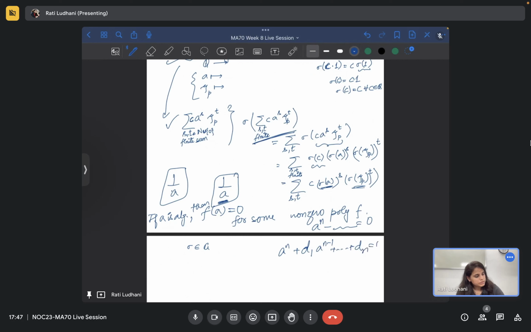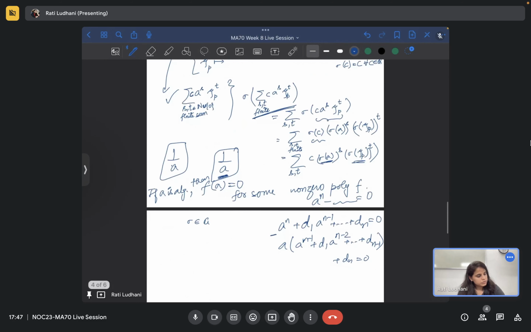So you take this outside, and the coefficient of a raised to power n, you will get something, and d(n-1) plus dn is equal to 0. So you can write minus dn by a, then you will get something like this.